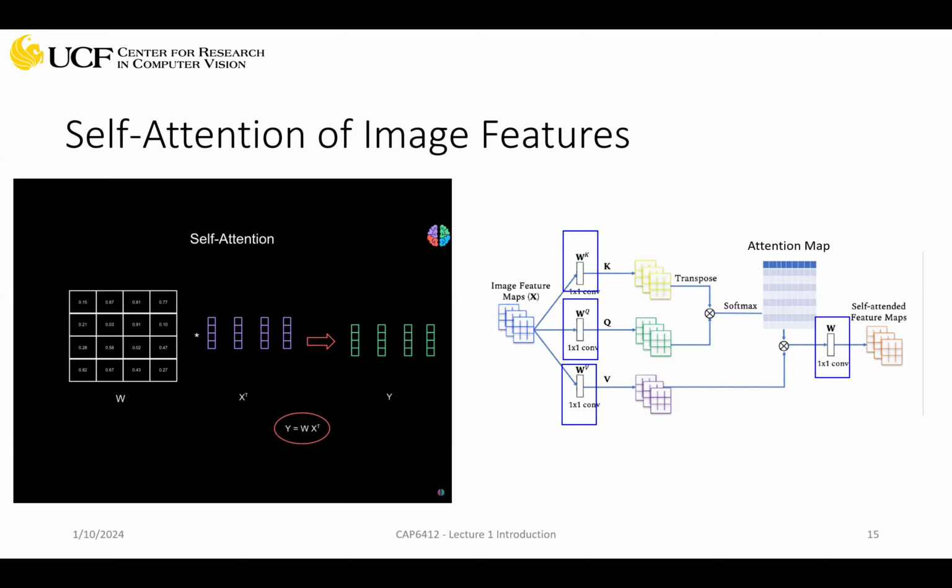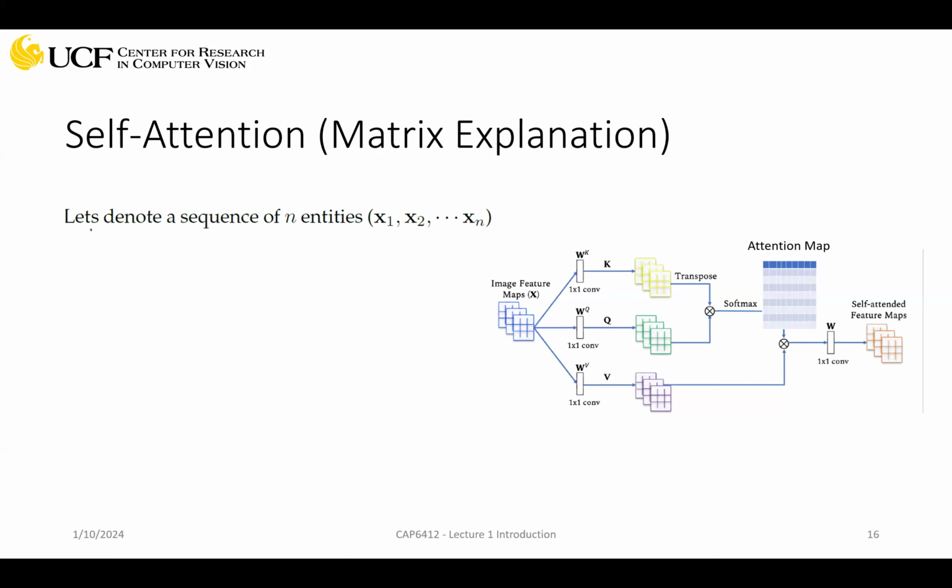So let's now look at a little bit more detail. We have n entities, n tokens. In this case, we have 9 tokens, yes? And so X is in R^(n by D), where n is the number of tokens. We have 9 tokens, and in this case D is 3. So this is a matrix.